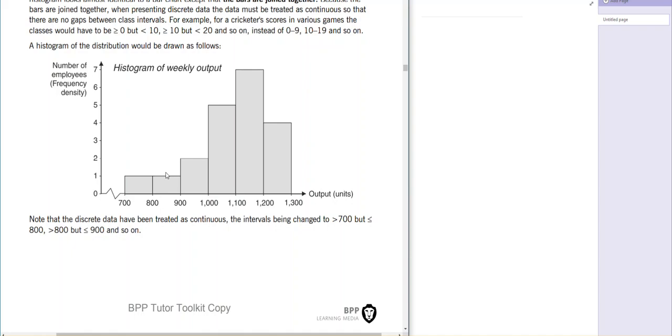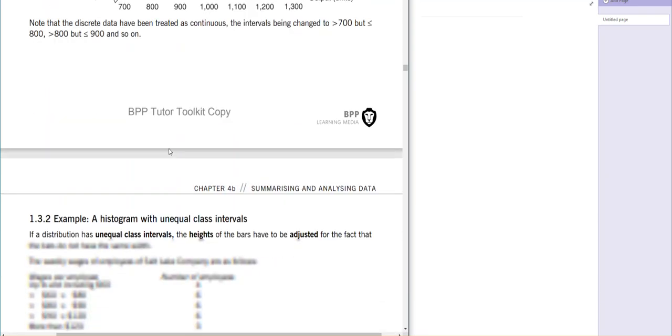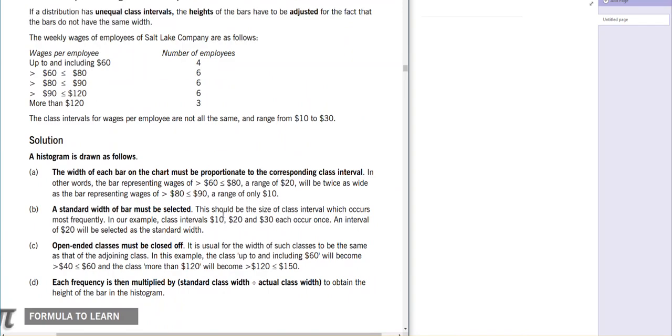If width is smaller, we increase the frequency, which means it will become taller. If width is larger, we will decrease the frequency. Like in this example, if we select 20 as our common width, we will select the frequency for 20 as common. Anything that has higher width, its frequency will decrease. Anything that has lower width, its frequency will increase.